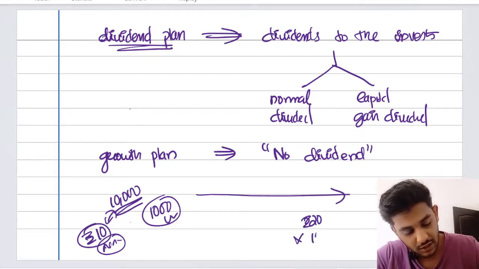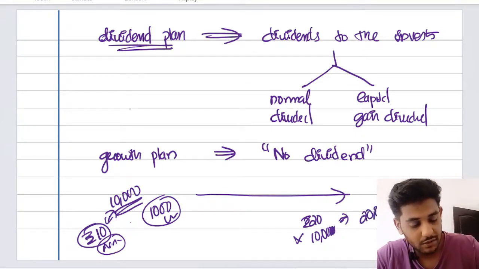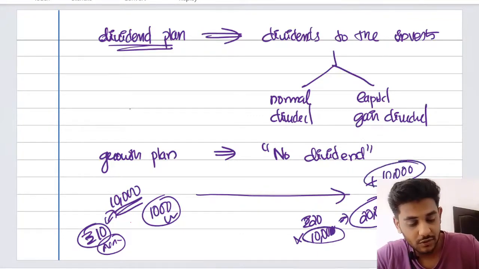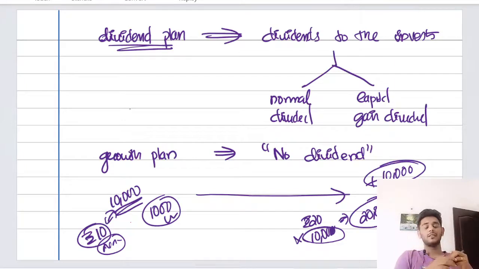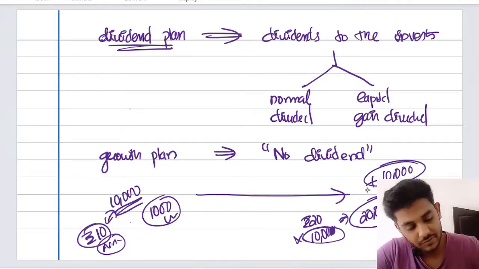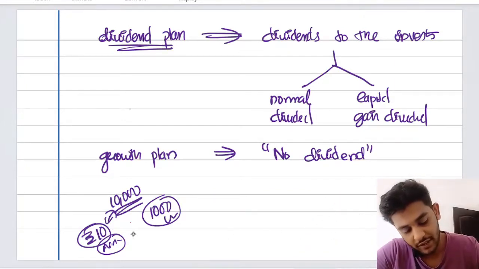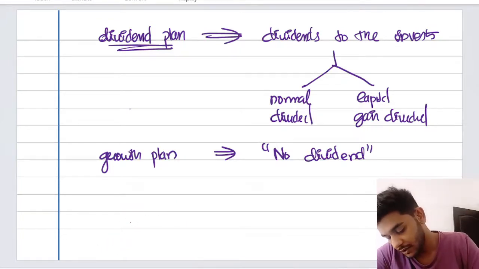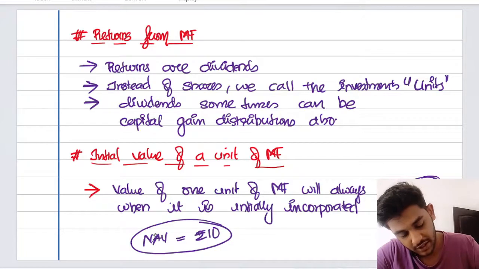So 20 into 1000 units, we get 20,000 rupees. If we sell these 1000 units right now, we get a gain of 10,000. That is what is happening in the case of a growth plan. I hope you understand this. And one more thing, keep it in mind.